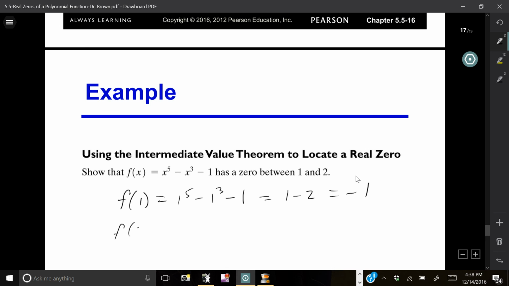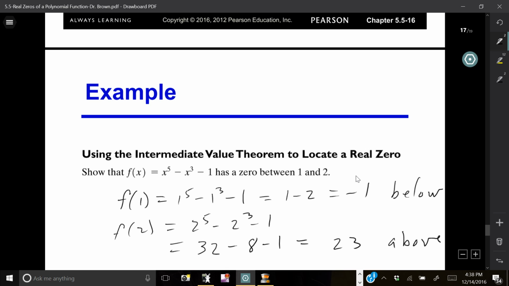And f of 2 is 2 to the fifth minus 2 cubed minus 1, equals 32 minus 8 minus 1, equals 23. So this is below and this is above. So it must cross the x-axis between 1 and 2.